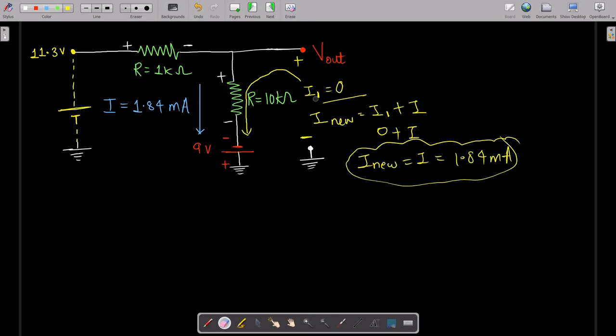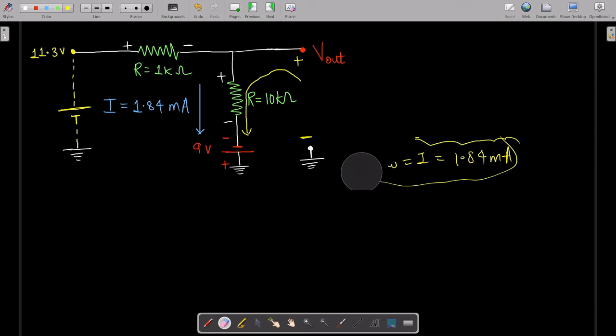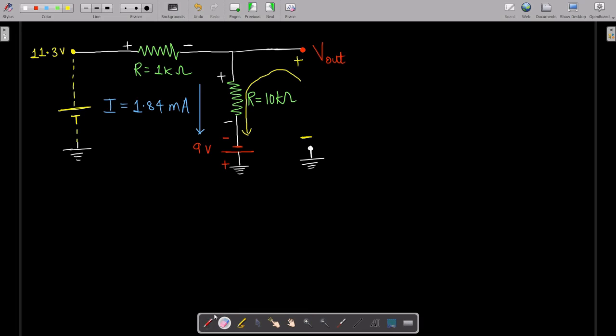Let me erase all of this, just a second, and then we will apply KVL. This was a basic concept, anyhow it wasn't required because I had already explained these things in my earlier courses. For applying KVL we need this equation.